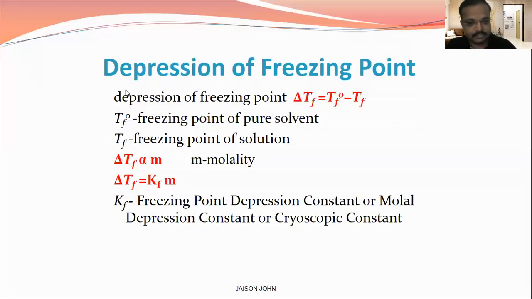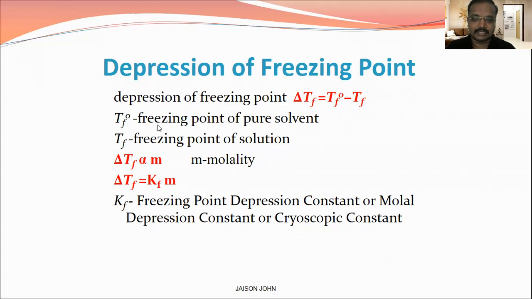Now, children, as we have discussed just now, the depression of freezing point delta TF is equal to TF naught minus TF. In the earlier one we discussed TF minus TF naught, but we only have to find the difference, and it should not come in minus. So we take solvent to solution, because the solution will always have a lower value, isn't it?